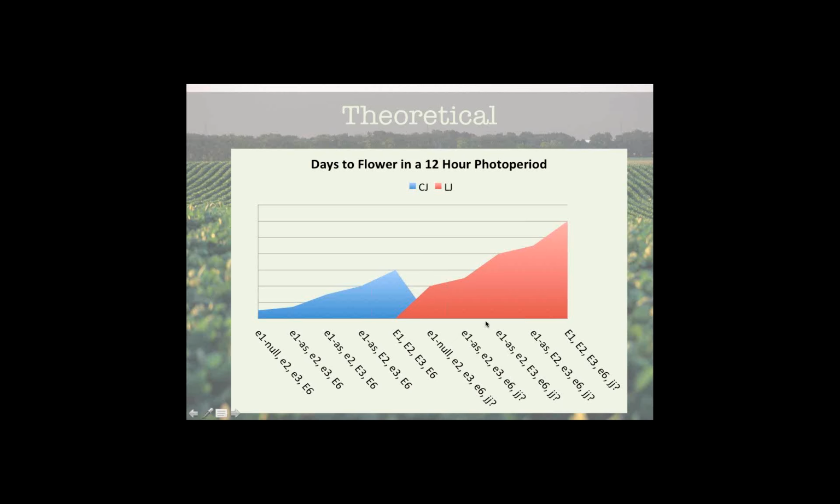And so I designated the different allelic combinations here, showing that as you increase with more functional E alleles, we have a delayed flowering effect, which is how we have our later maturing groups. But instead of saying just the long juvenile trait, I designated that as just a recessive allele at the E locus.